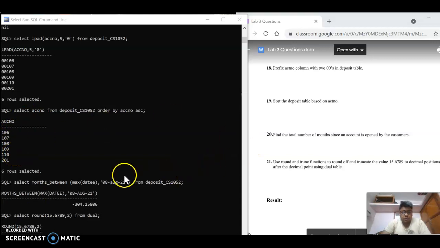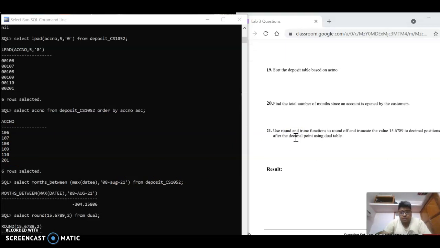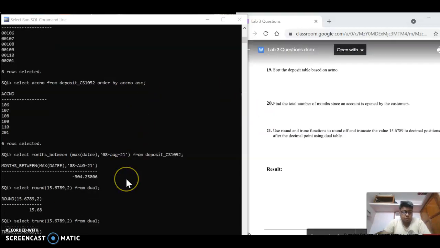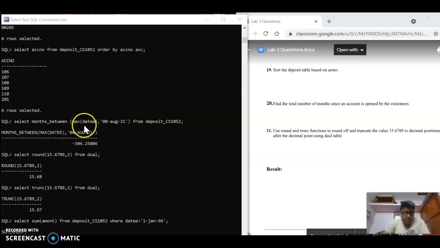Moving on to the 20th question, find the total number of months since an account was opened by a customer. So this is that one: select months between the maximum date and 08 August 21 from the deposit table. So months between the maximum date and 08 August 21 is this one.